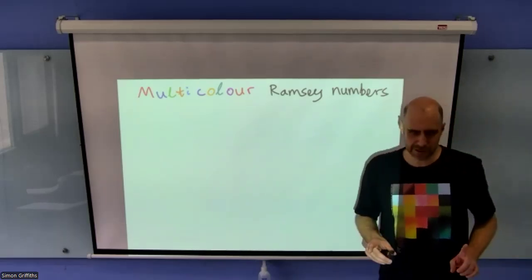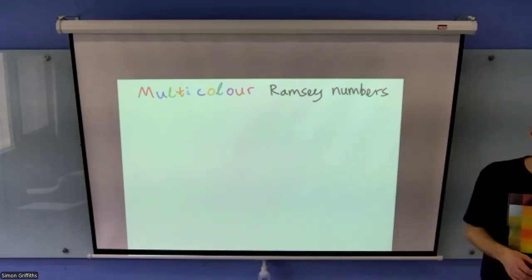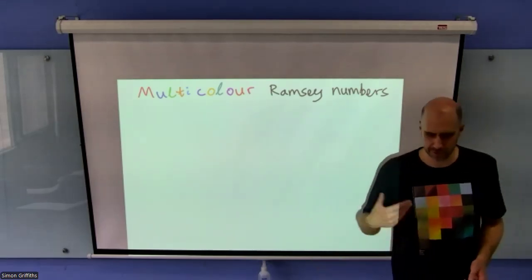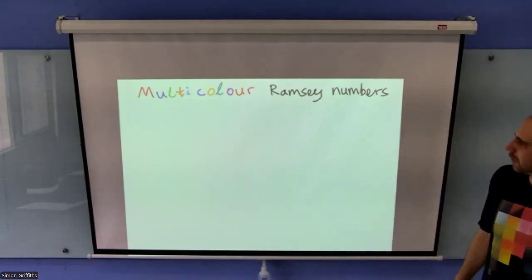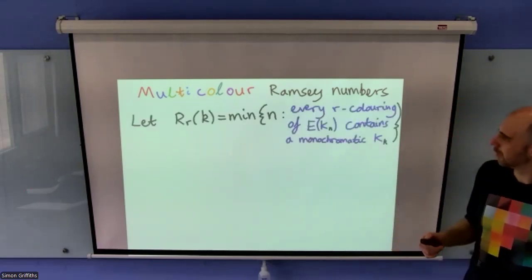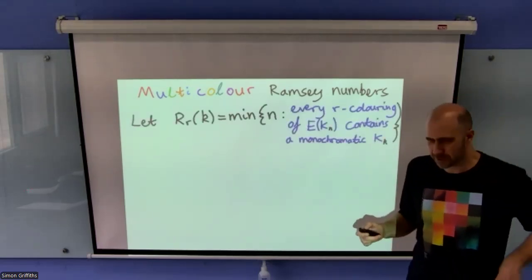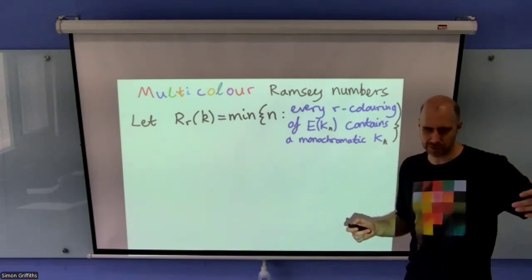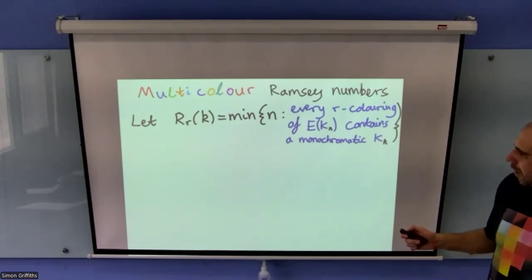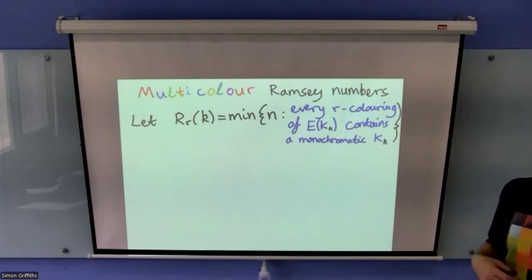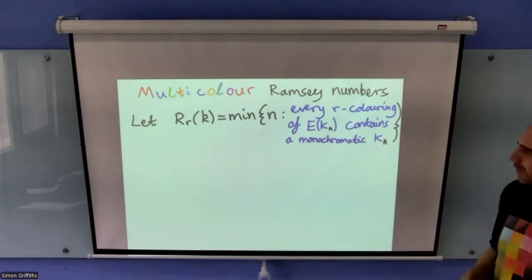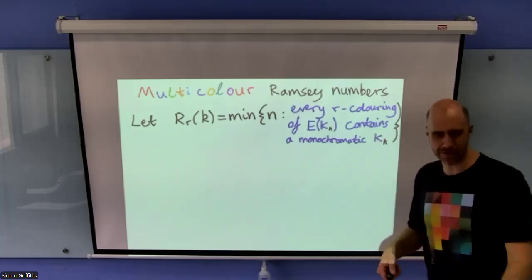Right, so finally we get to the subject which will be our main focus through the next lectures, which is multicolor Ramsey numbers. The so-called diagonal case, when you're looking for the same size clique in any of the colors, would be like this. That will have R colors, so you don't just have red and blue, you might have red and blue and green if R is 3, or red and blue and green and yellow if R is 4.